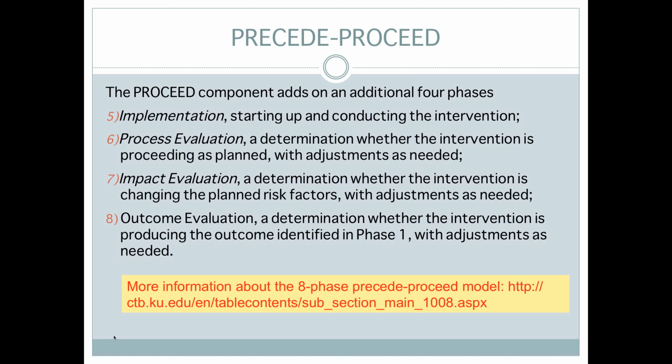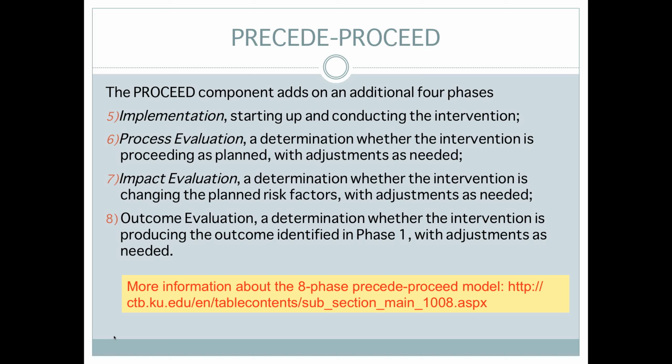The next stage is process evaluation, which is research that will help to investigate whether the intervention is proceeding as planned and being able to adjust different intervention activities as needed in order to have the planned effect. Impact evaluation is investigating whether the intervention is changing the planned risk factors.